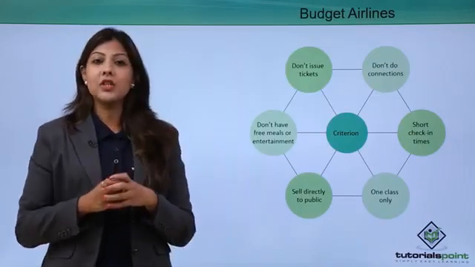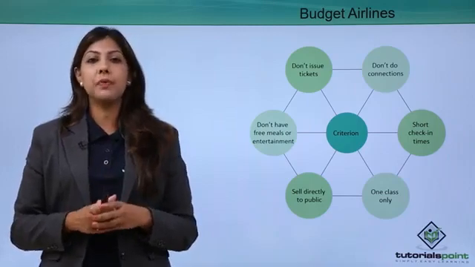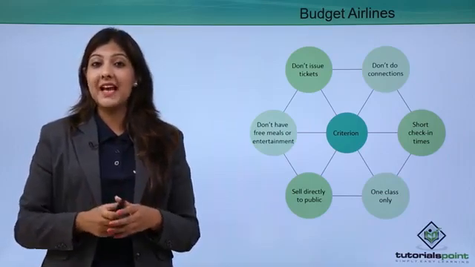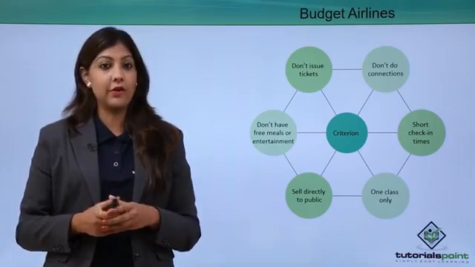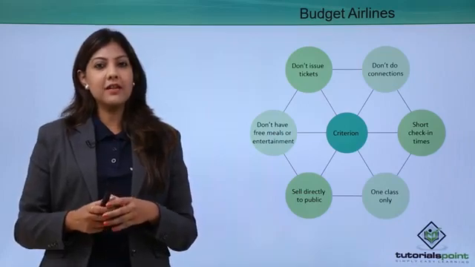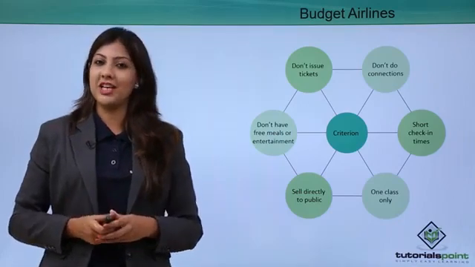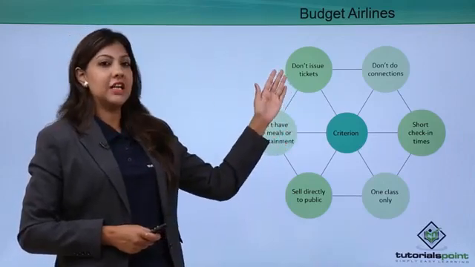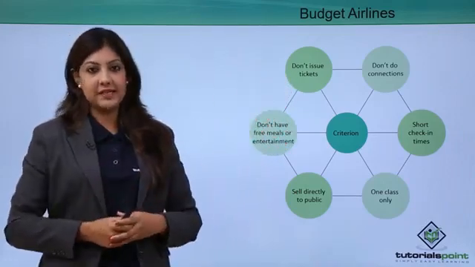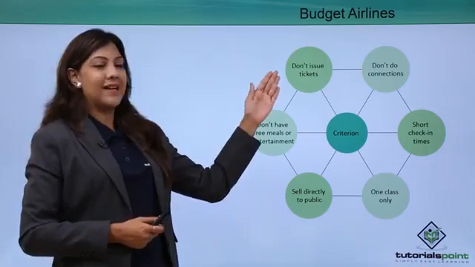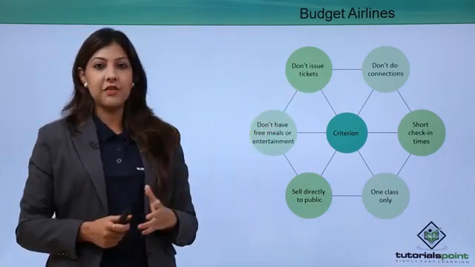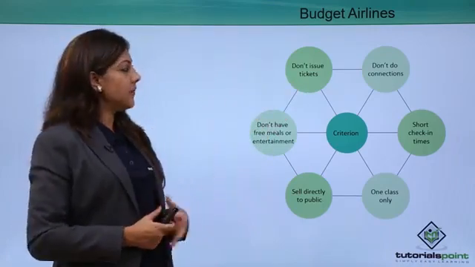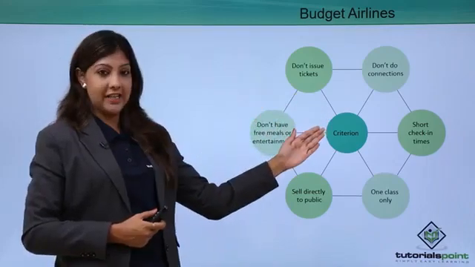Now friends, budget airlines are really cheap airlines which offer tickets at a very low price. So there are certain parameters for budget airlines. Let's look at them. Criteria is they don't really issue tickets, so there are no paper tickets given. They do not do connecting flights, so there are only direct flights. They have shorter check-in timings.